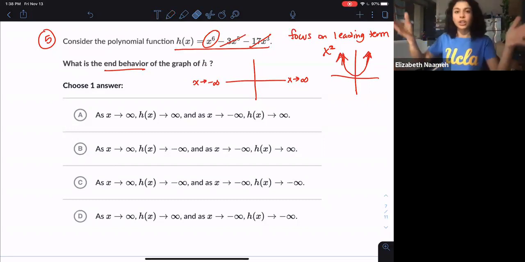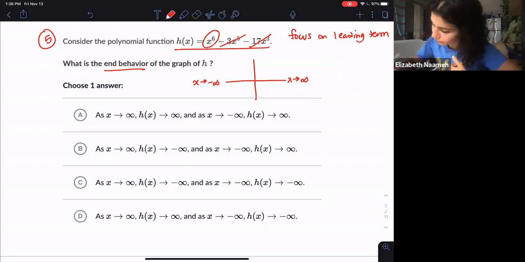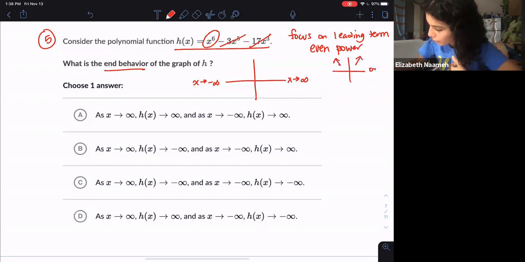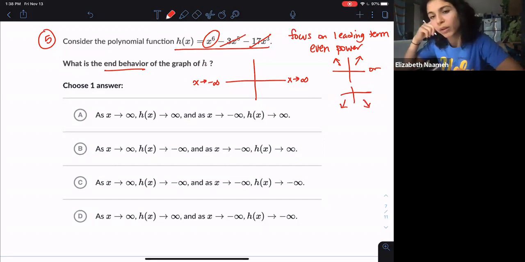That's something that you should remember. If you have an even power, then the ends of the graph will either both open up or they will both open down. Who can tell me which way our graph is opening, both up or both down? And how do you know? Who can put it together?